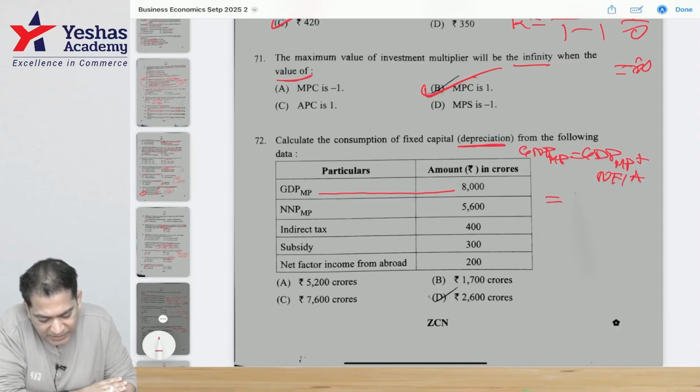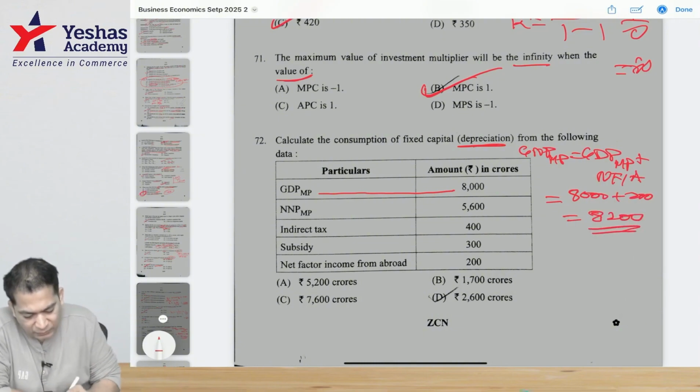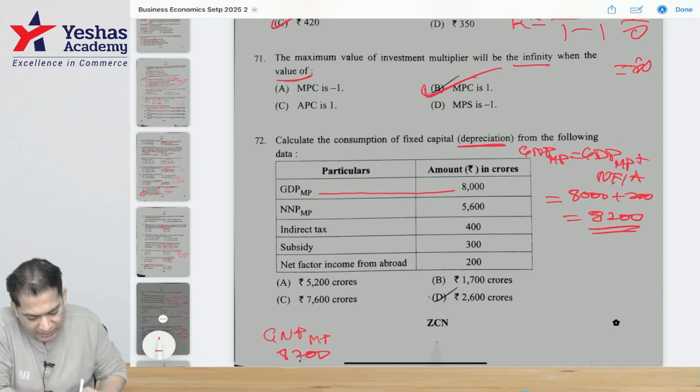So GDP at market price is 8,000 and NFIA is 200. So 8,200. Correct.